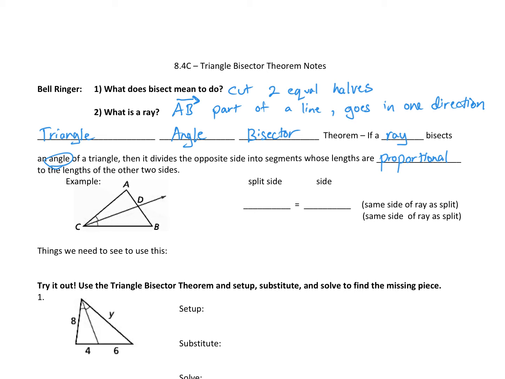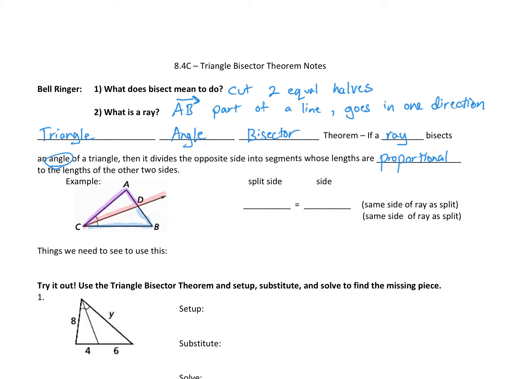So let's say we had this ray here, CD. It's bisecting this angle ACB into two equal halves. Well, the proportions are here, the top and the bottom half.